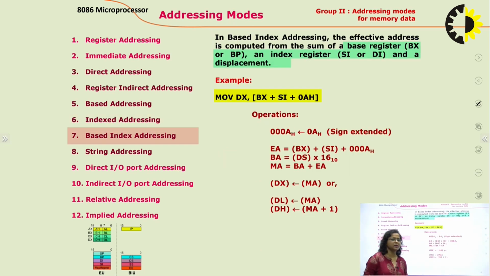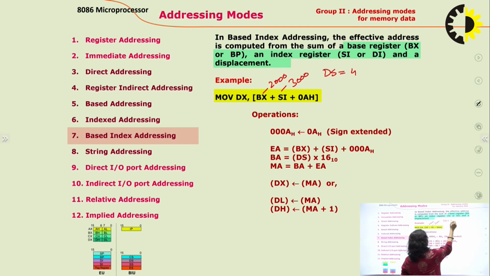Moving towards base index addressing. In base index addressing, all 3 values, that is base register plus index register plus displacement, will be provided to calculate the physical address. That is, let BX be 2000, SI be 3000, DS be 4000.